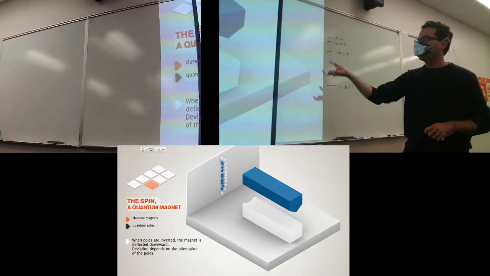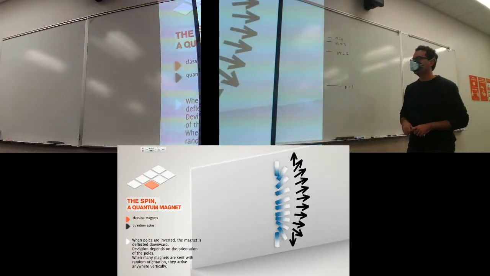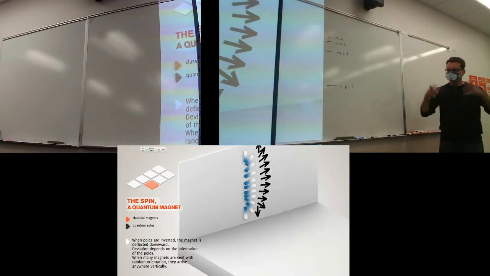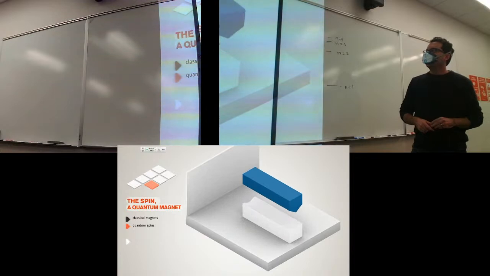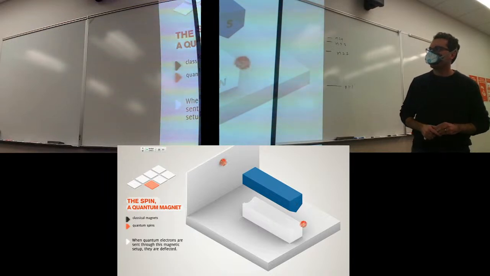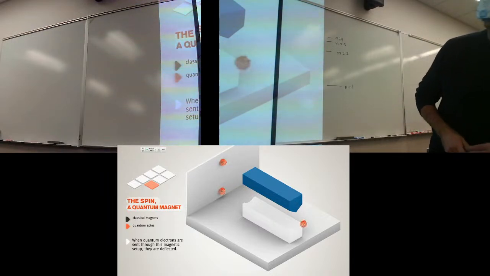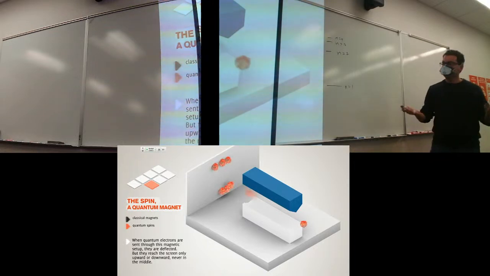If it's flipped the other direction, it will rotate downwards. That's kind of what happens. This is classical mechanics. So now, you do the same thing with atoms. Atoms that have a single unpaired electron, kind of like silver.